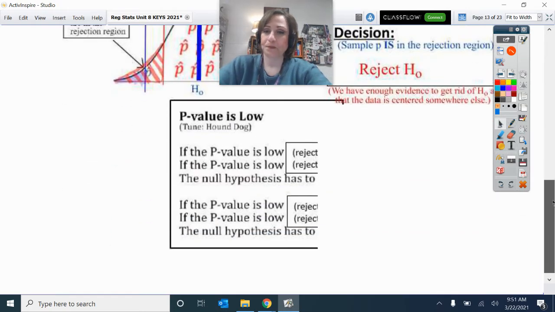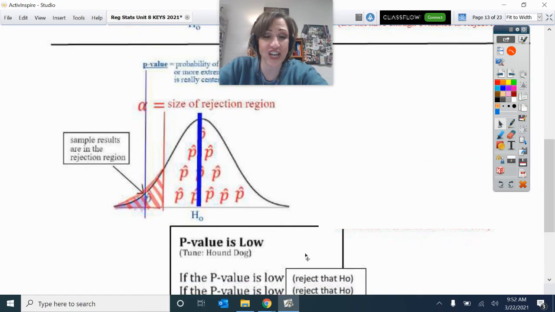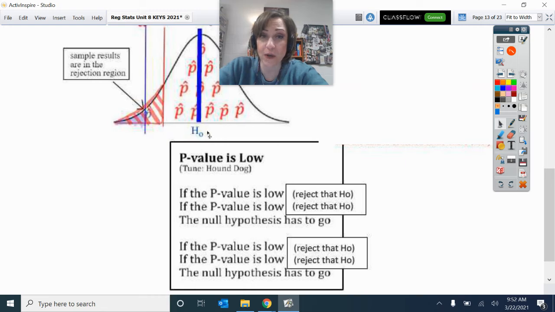All right. So we have a little song here to help you remember these. It's important conceptually that you understand what's going on, and so I've shown that to you, but we have a little thing to help also. So if this p-value is low, meaning lower than alpha, then we're going to reject the null hypothesis, reject HO.